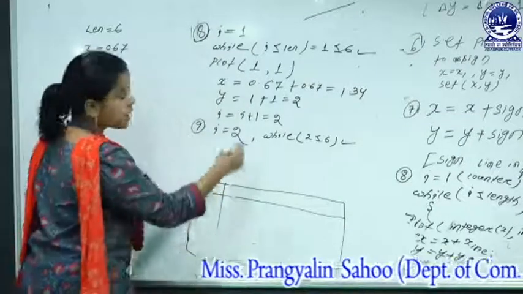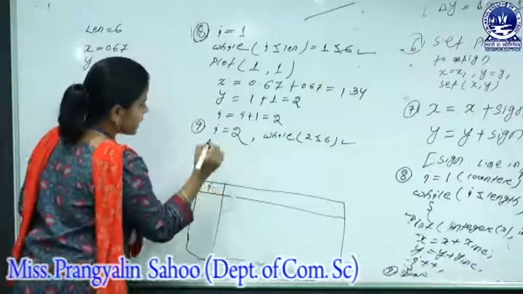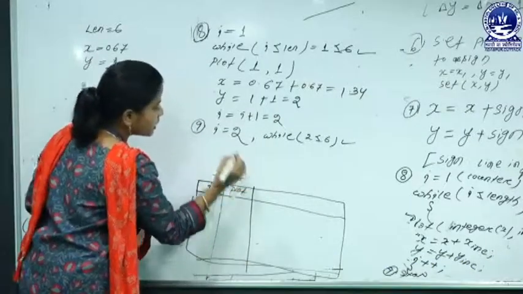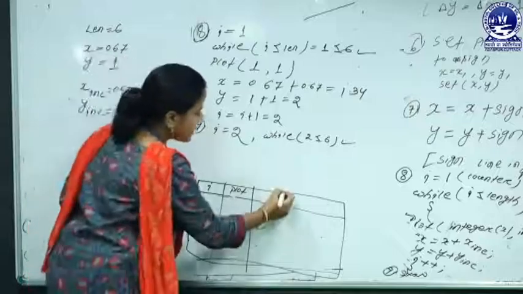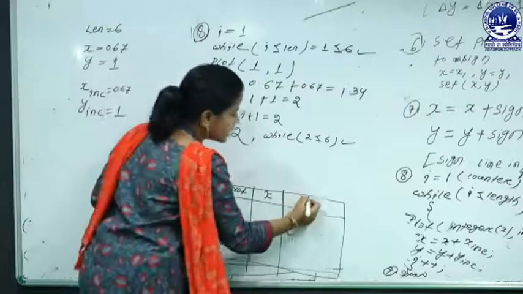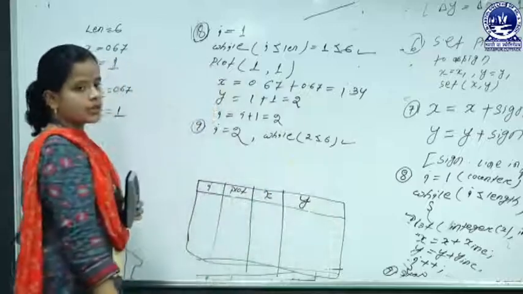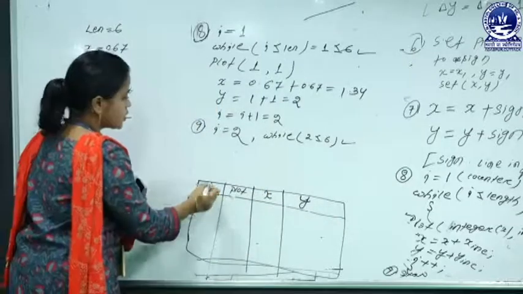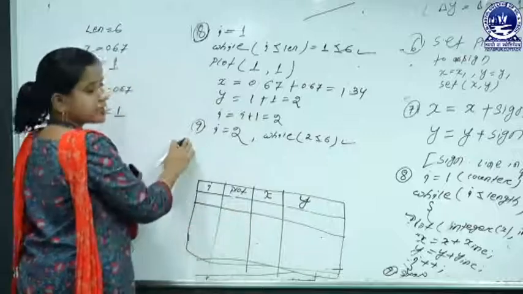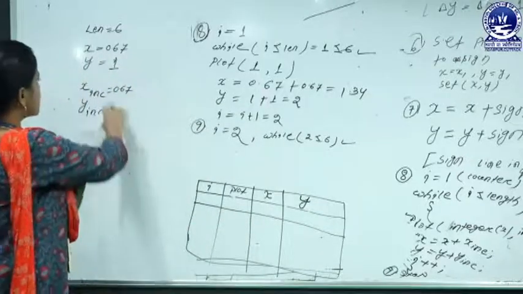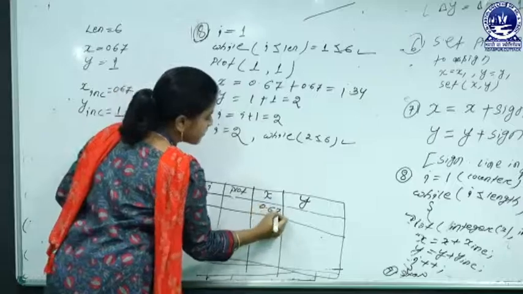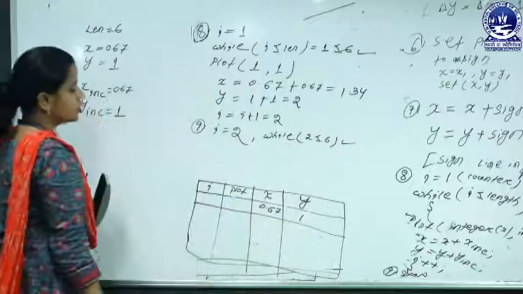One contains the counter value, that's your I, another column contains all the intermediate plotting coordinate values, another column contains the x coordinate value, and another column contains the y coordinate value. So whenever the ith coordinate value has not been generated, by default the x coordinate value is 0.67 and the y coordinate value is 1.